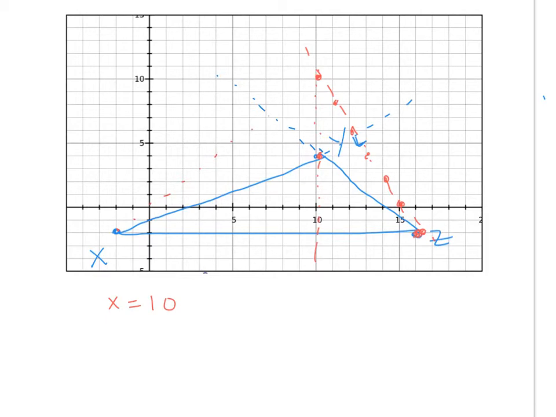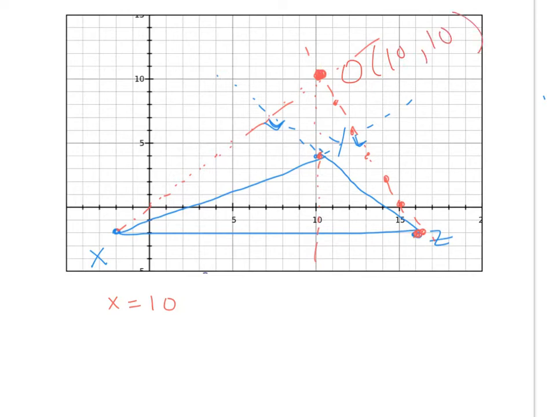I'm going to just follow that right on up. Again, here's your altitude here. But the point that we want to look at, that point of concurrency, is right up here. This orthocenter right here, we'll call it O. It looks like it's at the point 10, 10.